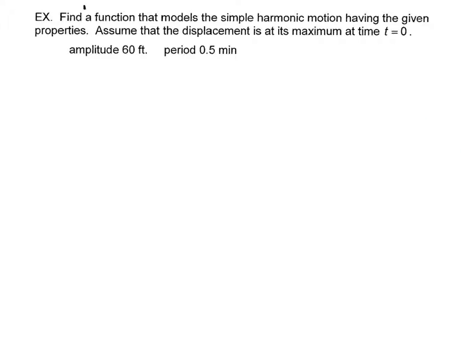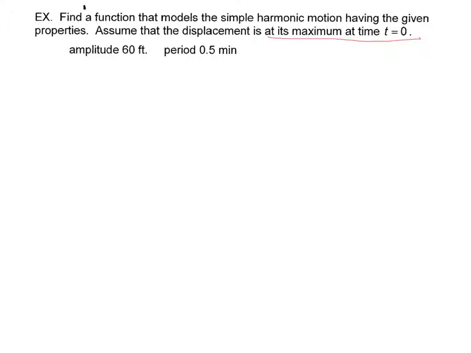Now this problem says find a function that models the harmonic motion having the given properties. Assume that the displacement is at its maximum at time equals 0, and then they've given us the amplitude and the period. So they've given us the information you normally get from the formula, and we have to come up with the original function. The displacement is at its maximum at time equals 0.